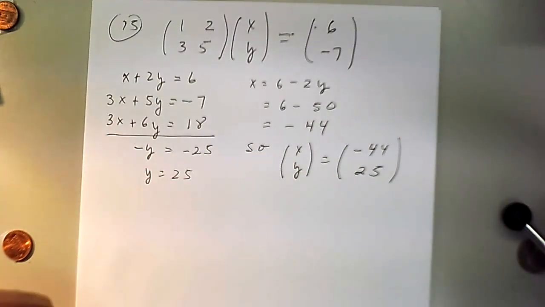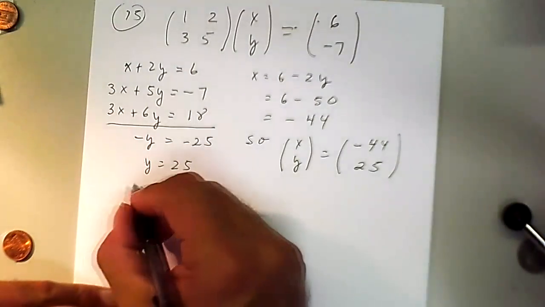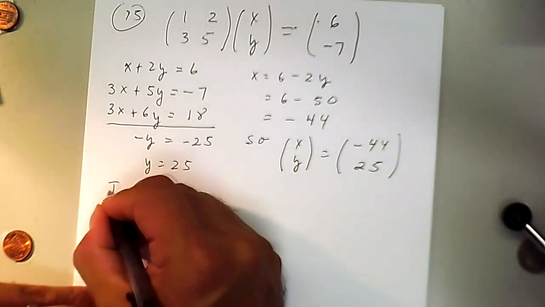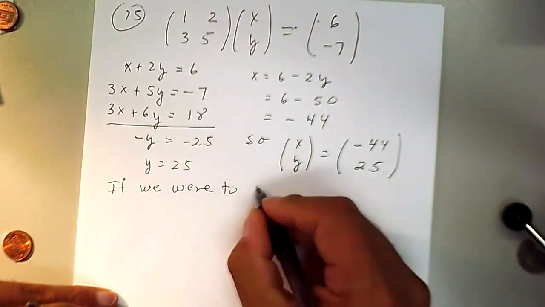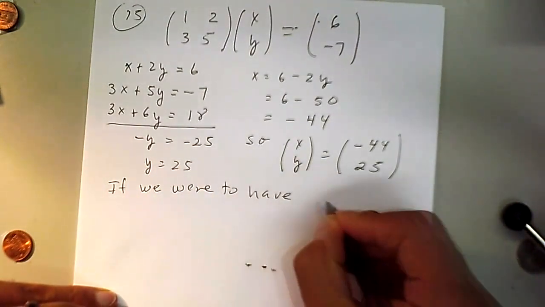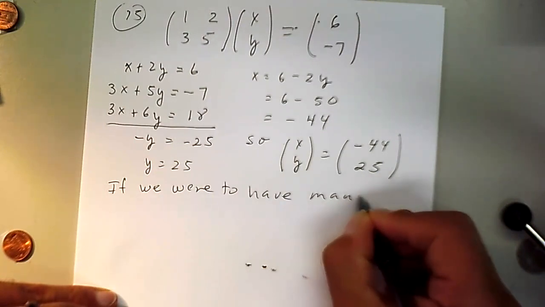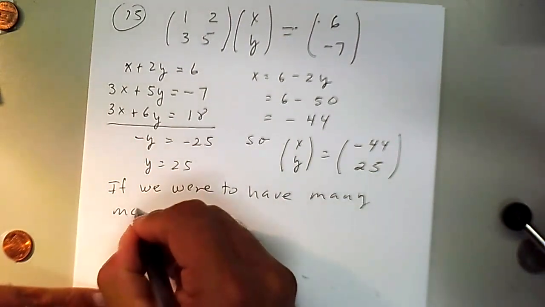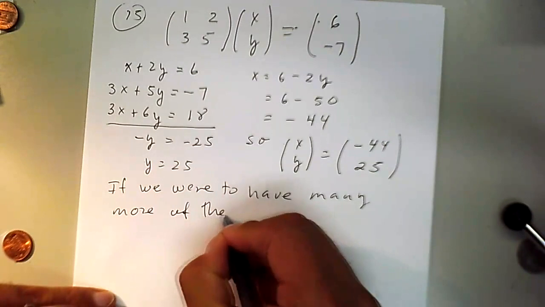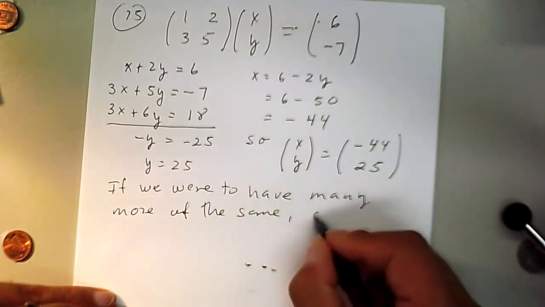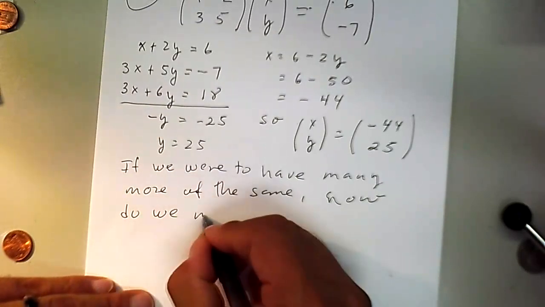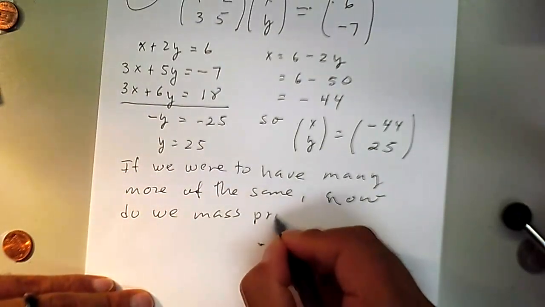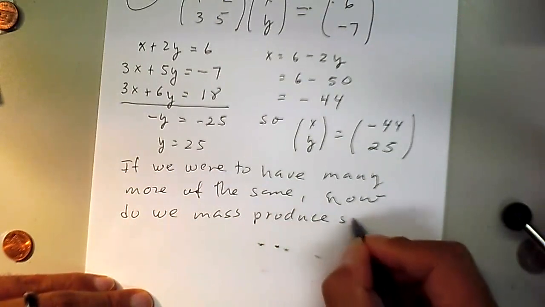This is my way of thinking: if we were to have many more of the same, the question is, how do we mass produce solutions?